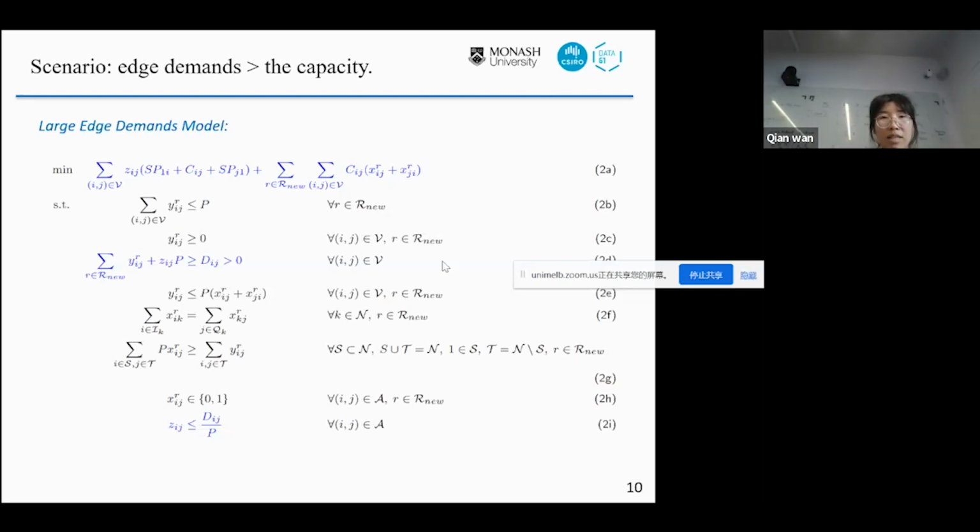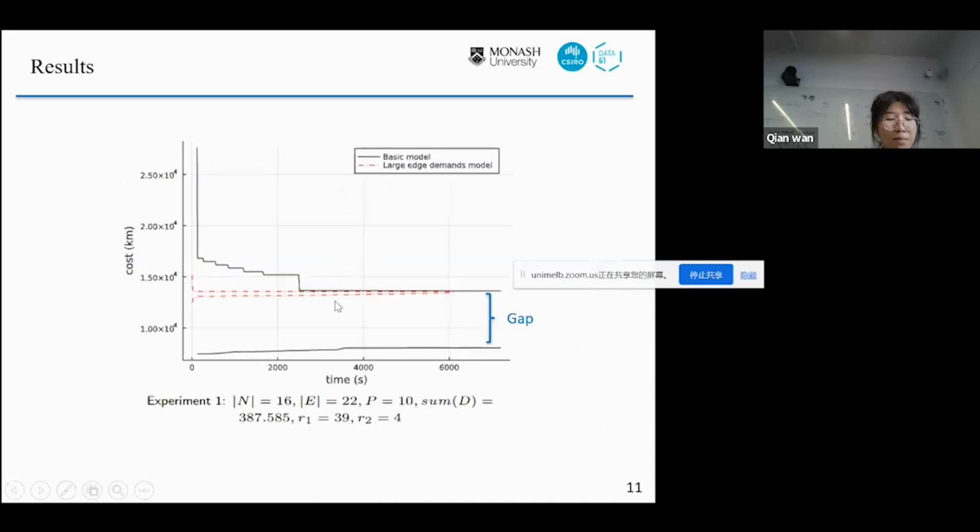And this is the model for the large edge demands problem. We make a comparison between the basic model and this large edge demands model. In the graph, the x-axis is the time consumption, and the y-axis shows the associated cost.